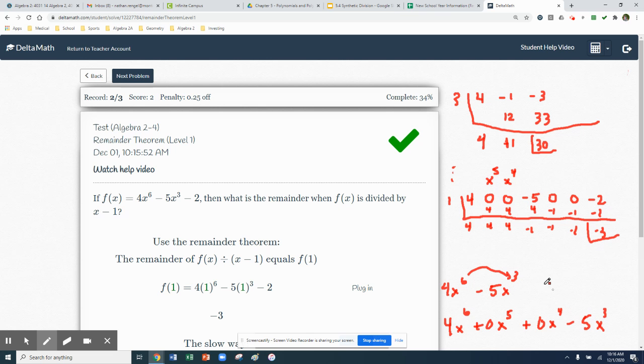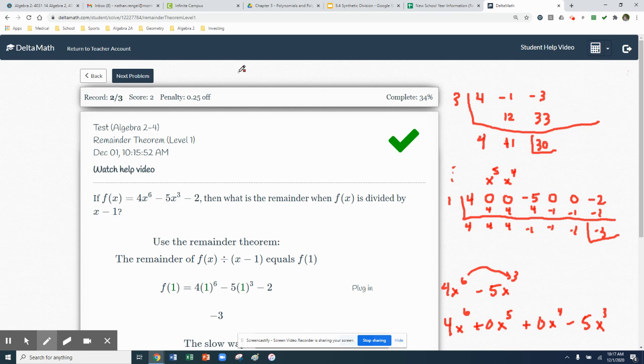So if our polynomial skips from a 6th degree term to a 3rd degree term, there is going to be x to the fifth and x to the fourth. Even though they're not there, they would be a 0x to the fifth, because that's not going to change the problem at all. And then a 0x to the fourth, that would not change the problem. So when we're doing any division, we still have to account for those numbers still being there.